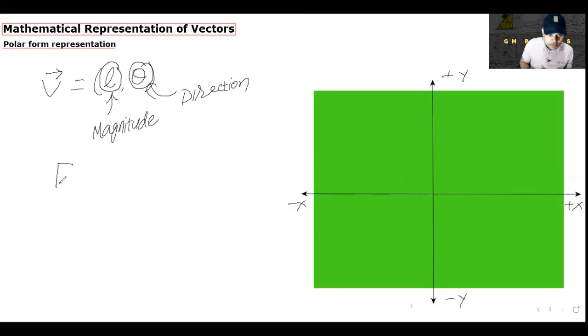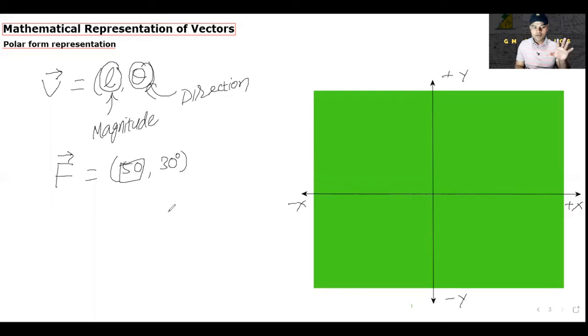Suppose a force vector is given like this: 50 units, 30 degree inside the bracket. I assume you are understanding what 50 means and what 30 degree is in the polar form representation. This 50 is the magnitude of the vector.